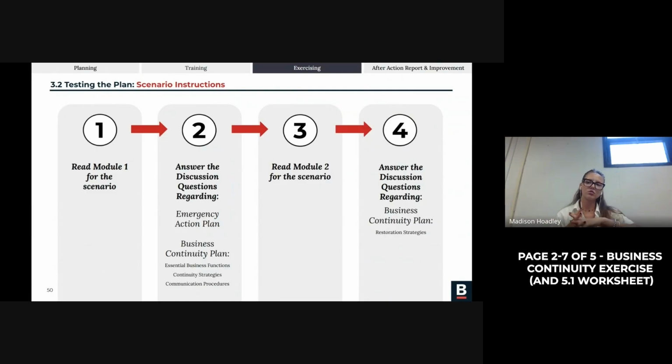So you can look at it as module 1 is the emergency action plan, so emergency response, and then continuity strategies. And then you're going to read module 2 of the scenario, and you're going to be like, okay, everything's returning back to normal a little bit. And that is when you're going to answer the module 2 questions, which really focus on restoration strategies.